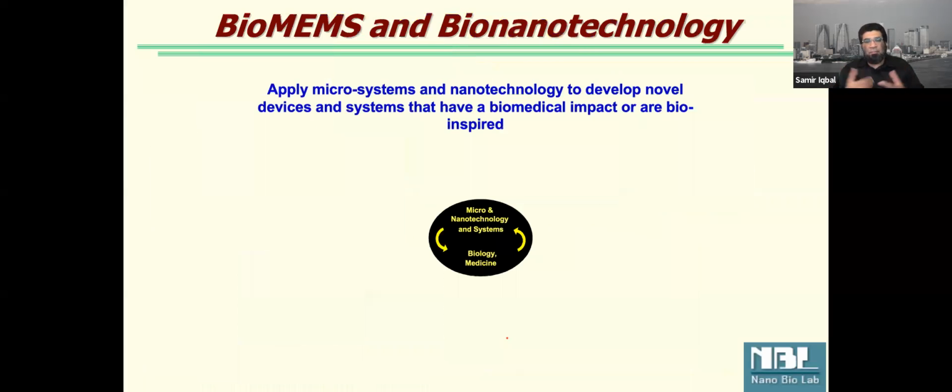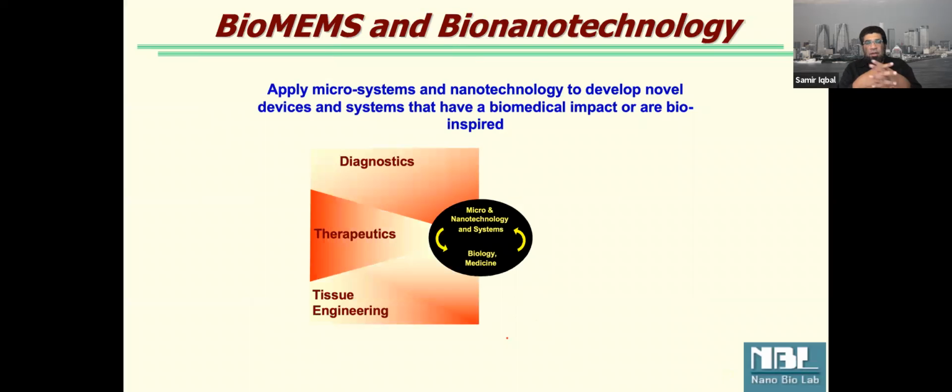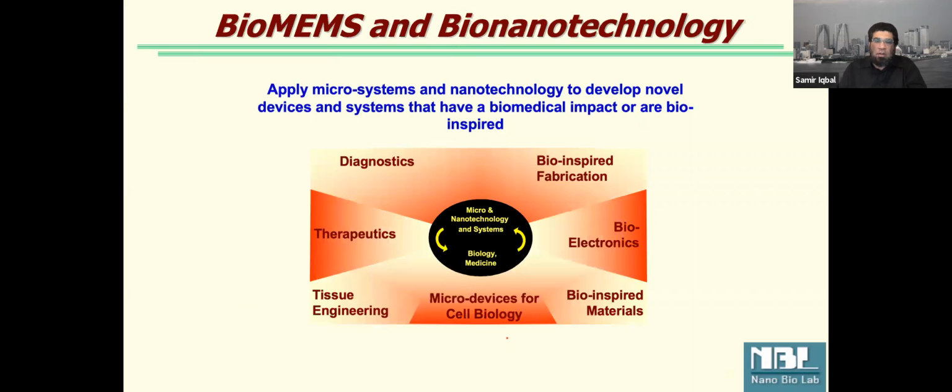So essentially, there are so many directions where MEMS and nanotechnology can have an impact, and not just diagnostics, but therapy, tissue engineering, now what we call regenerative medicine, creating organs for people who have problems with their existing organs. We are getting there. We'll talk about that also going forward.